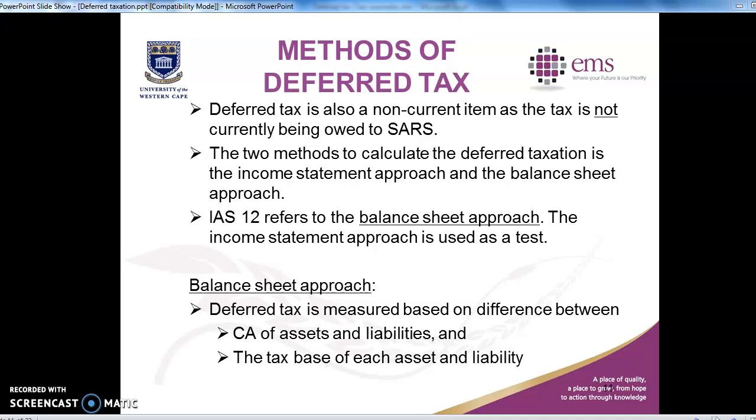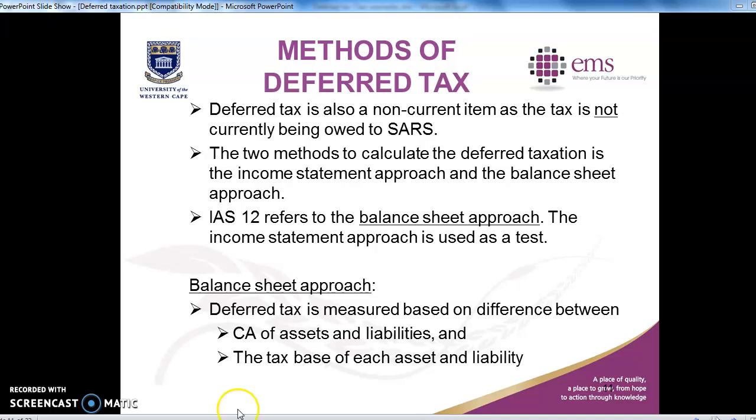And with liabilities, the definition says that it's a present obligation to transfer an economic resource. So with that definition, it means that there's an expectation that there's going to be an outflow of economic benefits. So we're going to have future expenses with our liabilities, and we have future income with our assets.